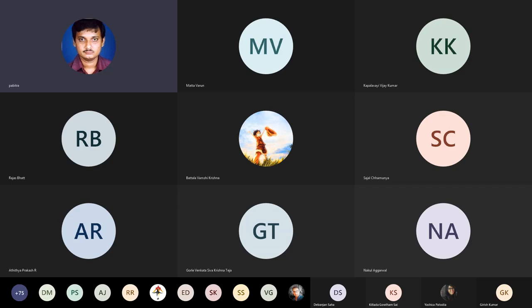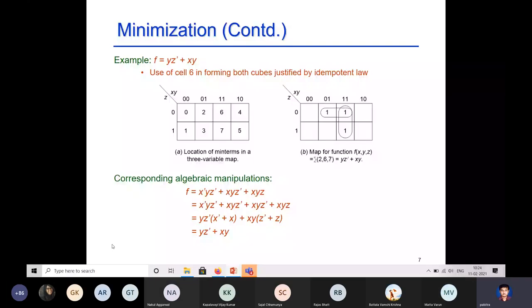And not only so, all these, 0 and 4, and 1 and 5, can be considered as adjacent. This and this can also be considered as adjacent. So all these are adjacent. They just differ by 1 bit each.